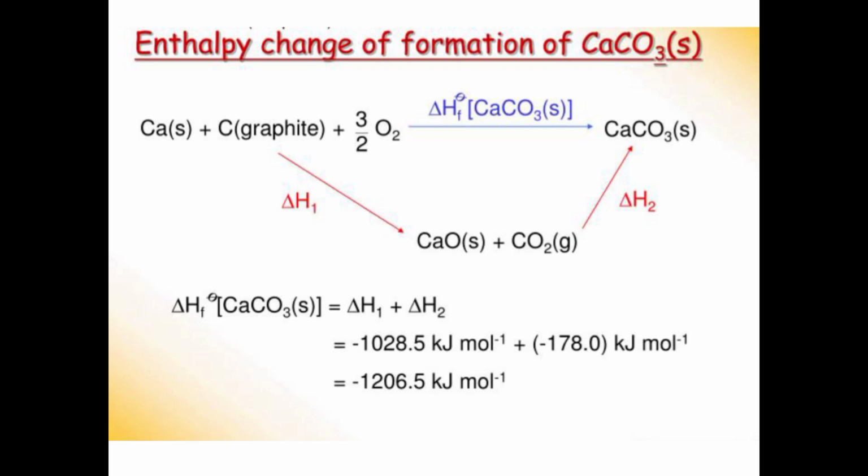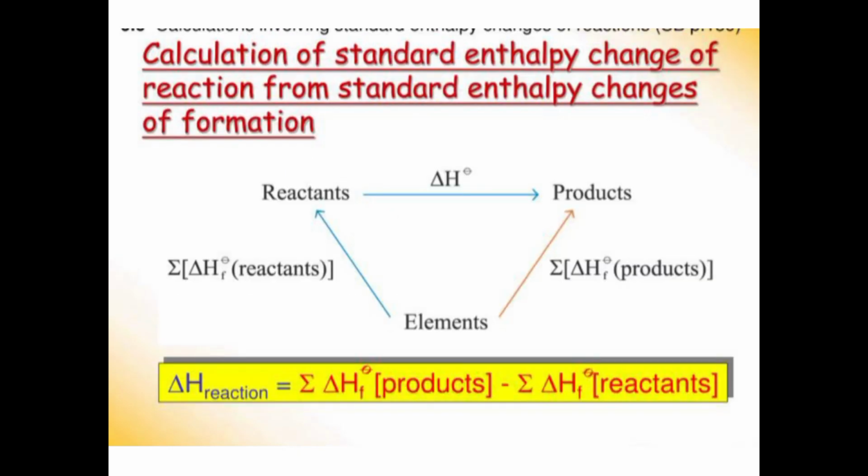We can have the enthalpy of formation of CaCO3 too, when calcium reacts with graphite and then with oxygen as well. Okay, so when you are calculating the standard enthalpy change of reaction from standard enthalpy changes of formation, it is possible to calculate it in that form.